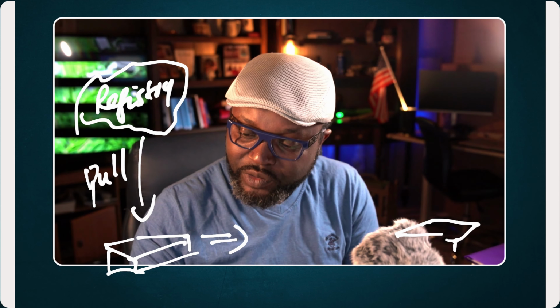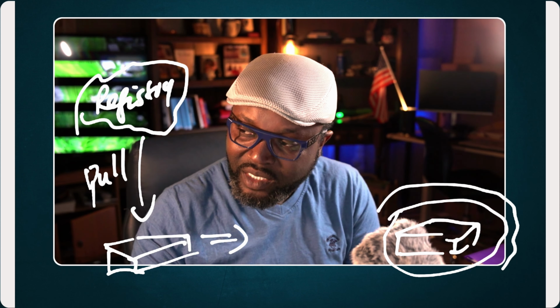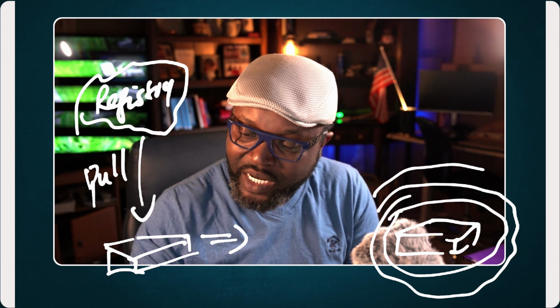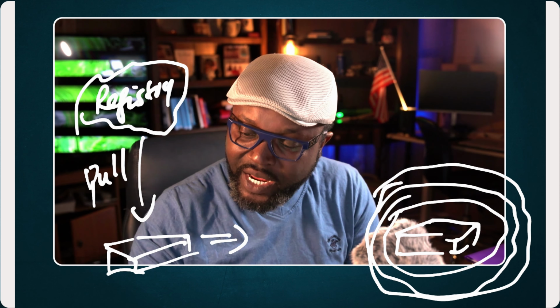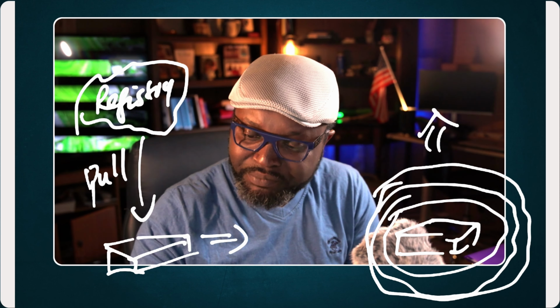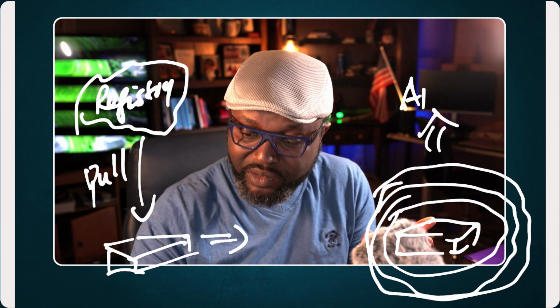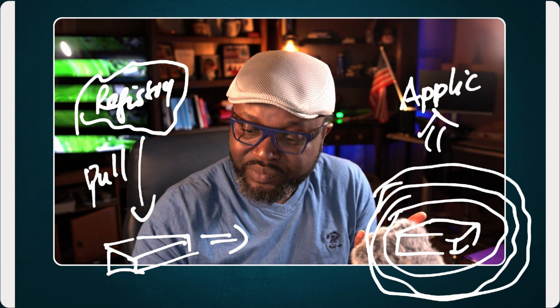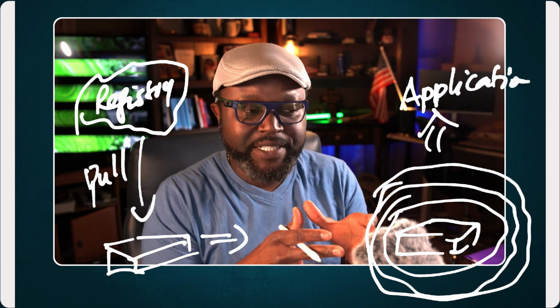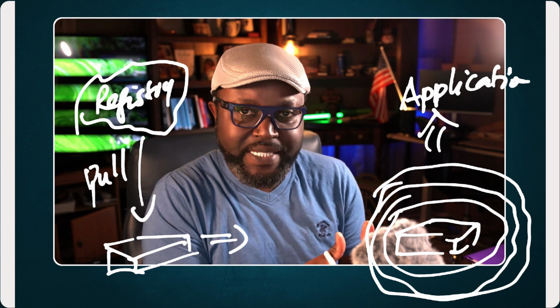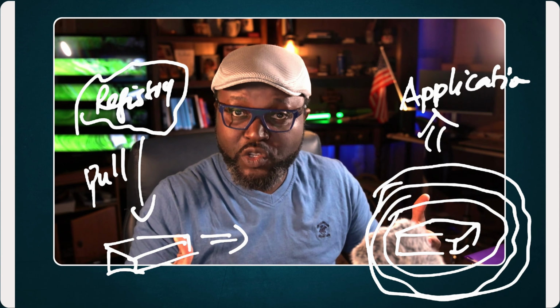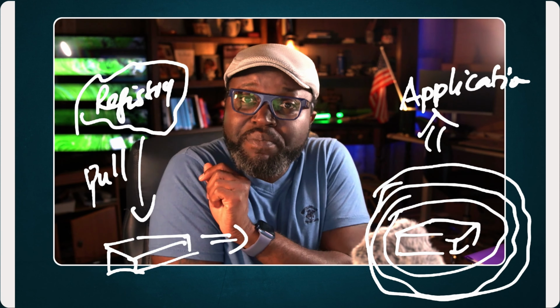On top of this image, you can build different layers. So you have layer number 1, layer number 2, and layer number 3, and this becomes your desired application. You get the base image first, which is one of the best practices.